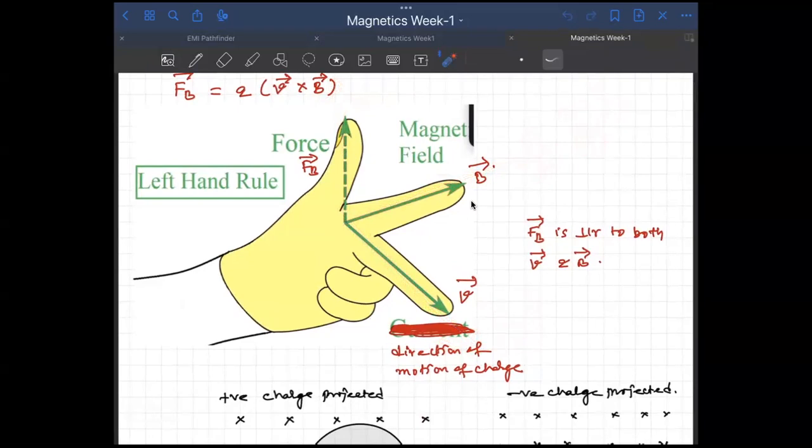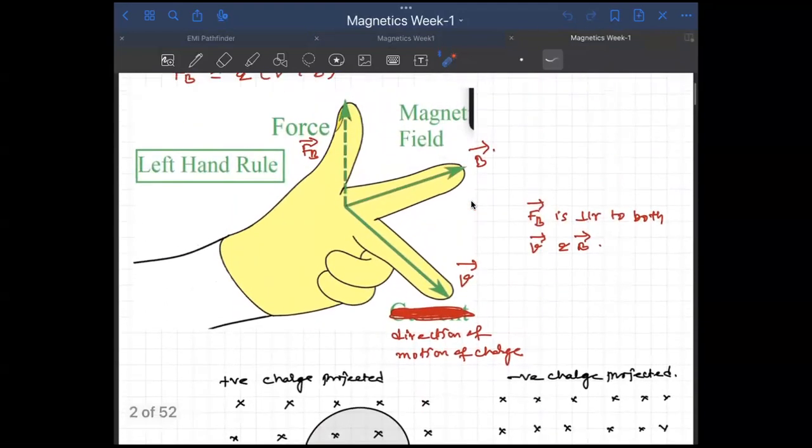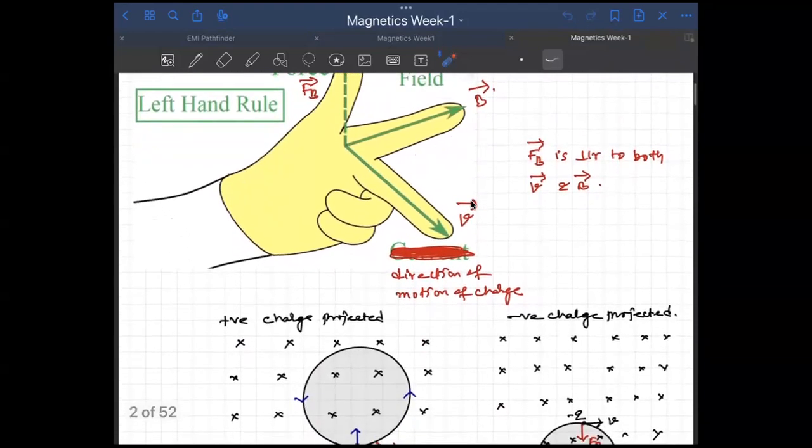Why? Because at that time vectors were not in the picture. So therefore, if a charged particle is projected into a magnetic field, it will experience a force. If v bar and B bar are mutually perpendicular, F bar is perpendicular to both v bar and B bar.